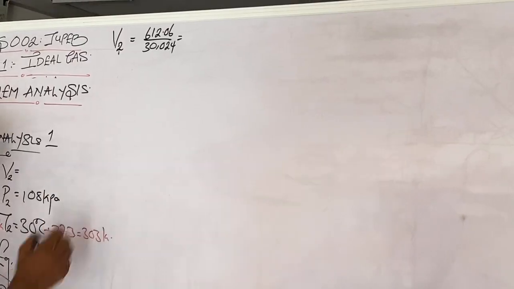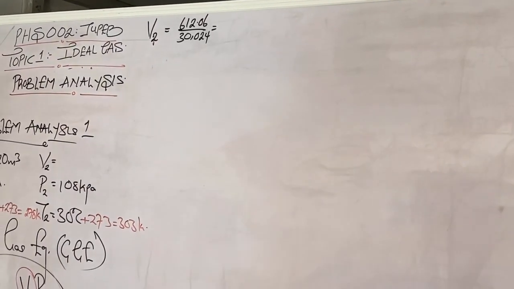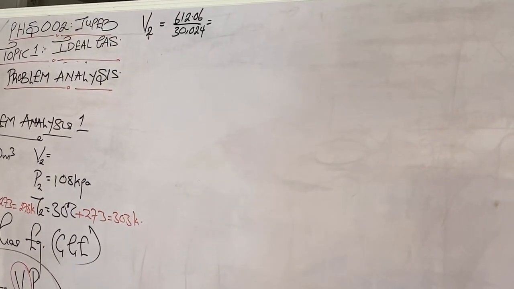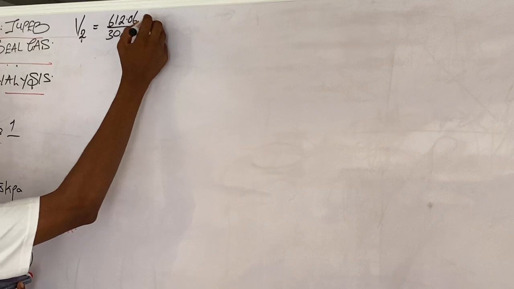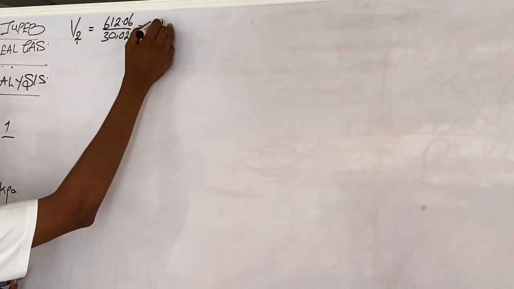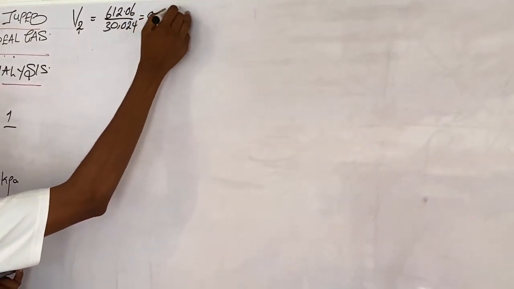So when we divide these two together, 612.06 divided by 30,024, that gives us a new volume of 0.0204.